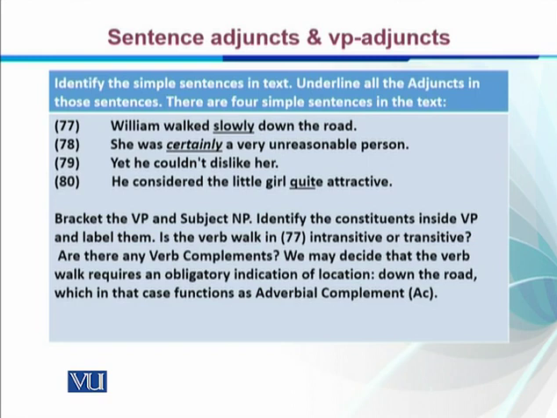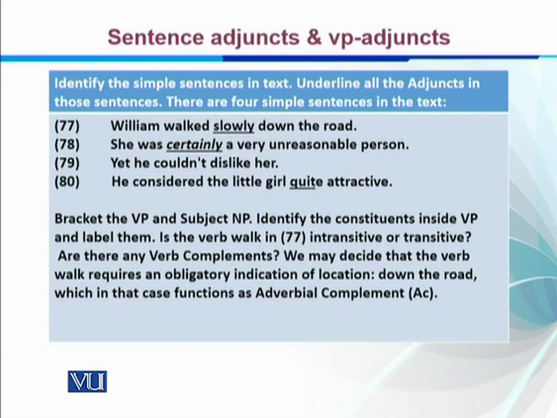So in this we find, for example, William walked slowly. If we finish the sentence here, we say that slowly goes well with the sentence, but we do not find anything specific about the direction of walking. However, we can omit slowly. In 78, she was certainly a very unreasonable person.